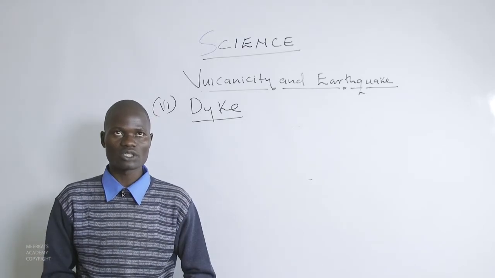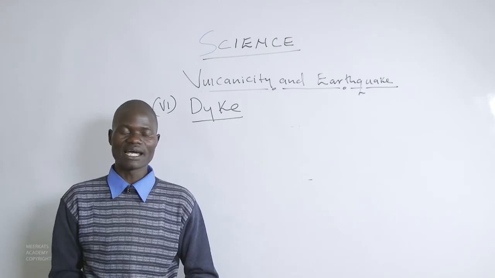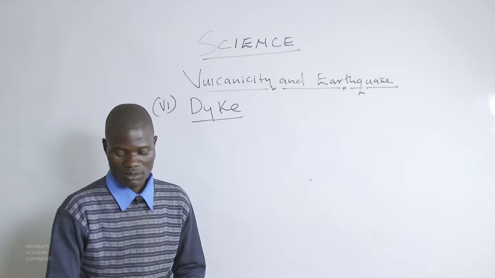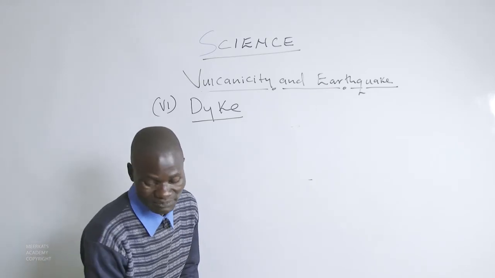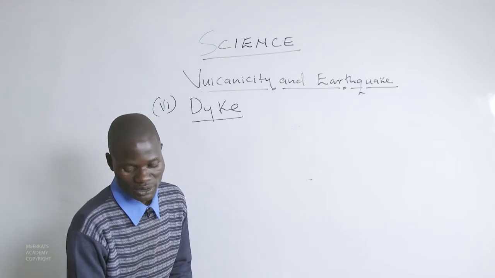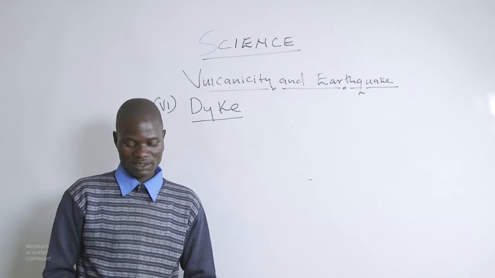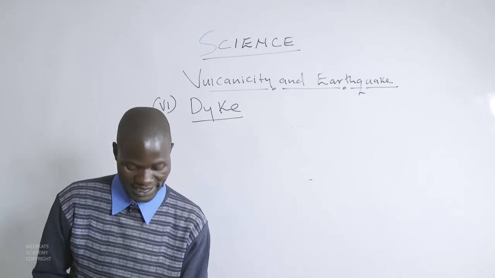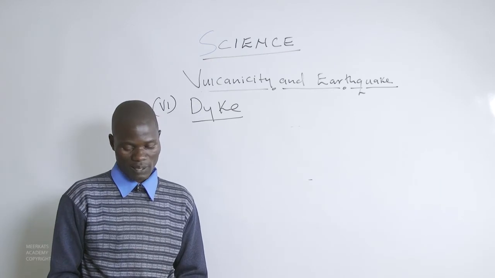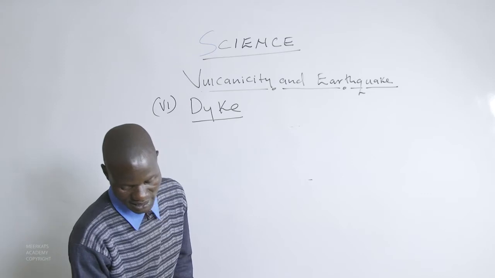When it is exposed on the earth's surface by the process of weathering and erosion, it will lead to the formation of a pillar that is positioned and developed into a wall-like structure that is also called a dike. And we shall look at an example. I will just mention it and then we'll look at it.